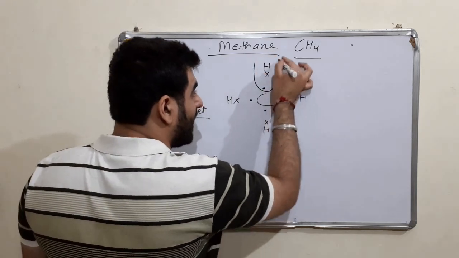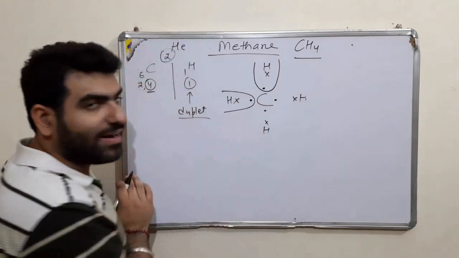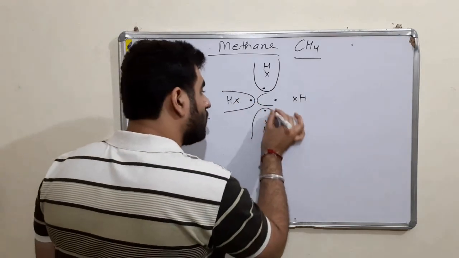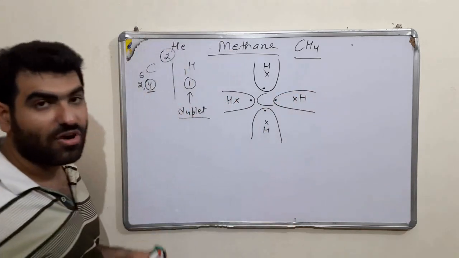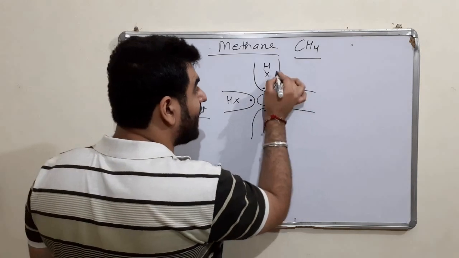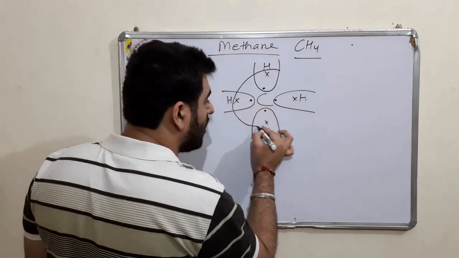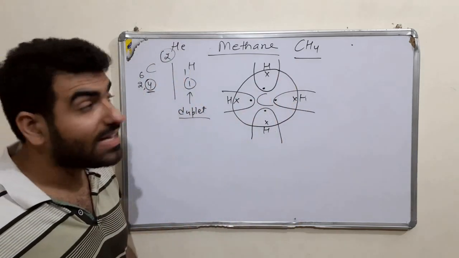This hydrogen will take 1 electron from carbon, and so will each of the others. And carbon will take all these electrons within itself to complete its octet.